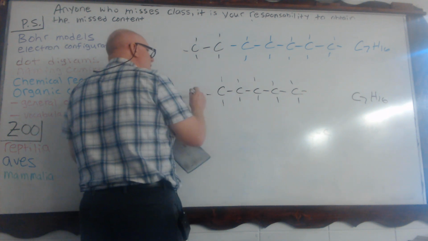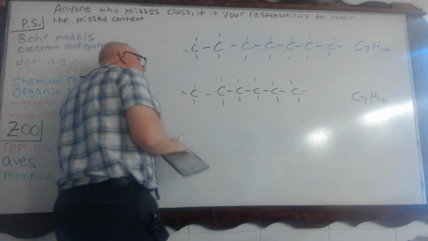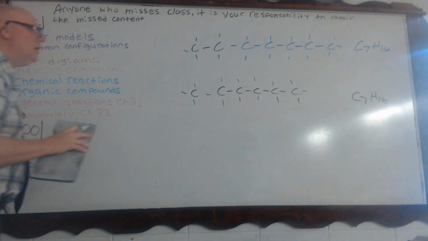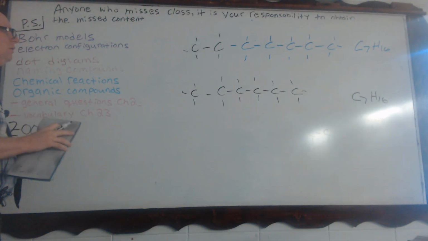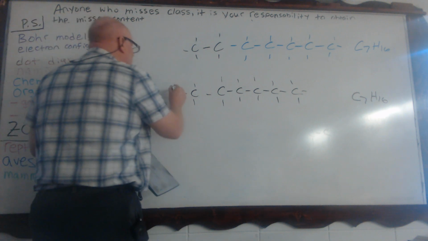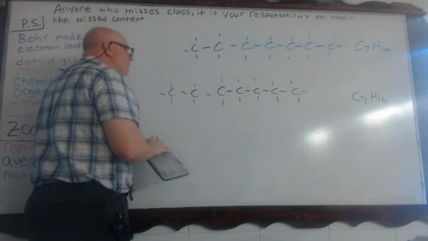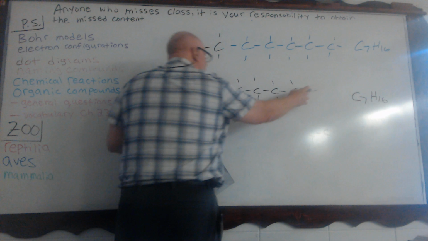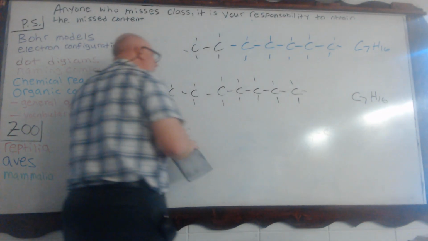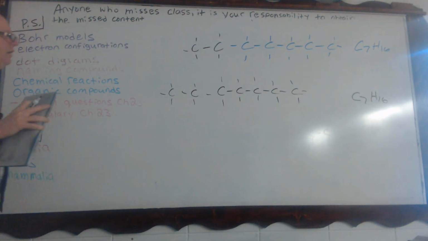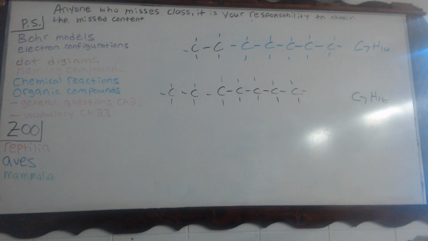And now we're back to heptane again. 5, 6, okay. All right. So then I was probably one short on here. I had it in my mind that it was 3-methylhexane and 2-methylhexane. Okay, so now we're back to heptane.